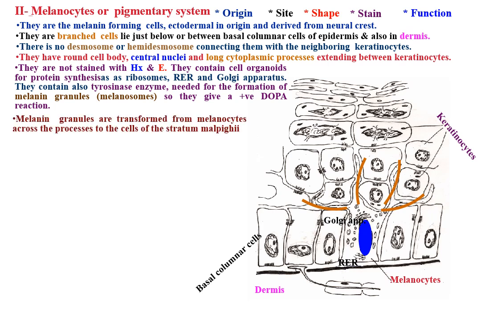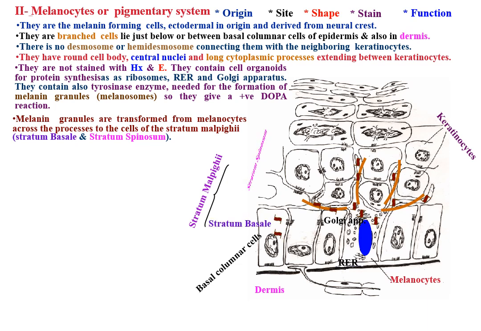Melanin granules or melanosomes are transferred from melanocytes across their processes to the cells of stratum malpighi, stratum basale, and stratum spinosum. Melanocytes are not pigmented cells.